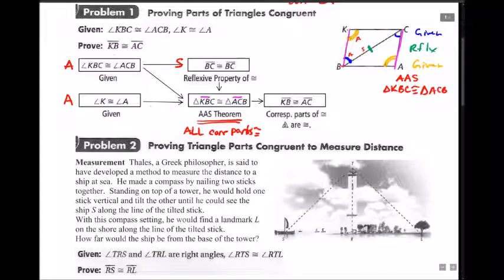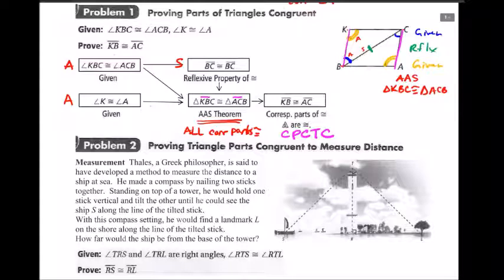So what that lets us do is we can say that those 2 segments are congruent because we know that corresponding parts of congruent triangles are congruent. This is CPCTC. Corresponding parts of congruent triangles are congruent. And this is my second favorite to say, CPCTC.